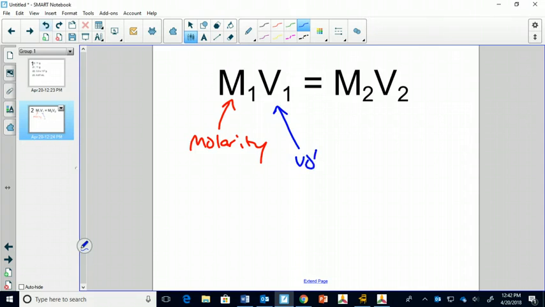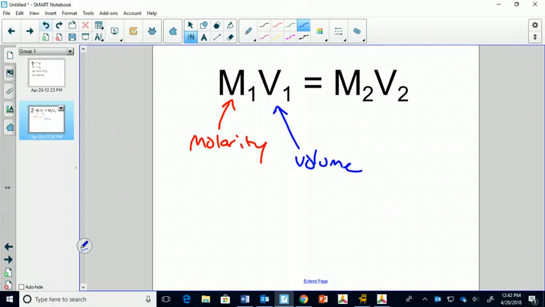The volume. Remember, in all of our problems I would say, you have 1.5 liters of 3 molar. So we need to know both of these things, how much I have and what its concentration is.